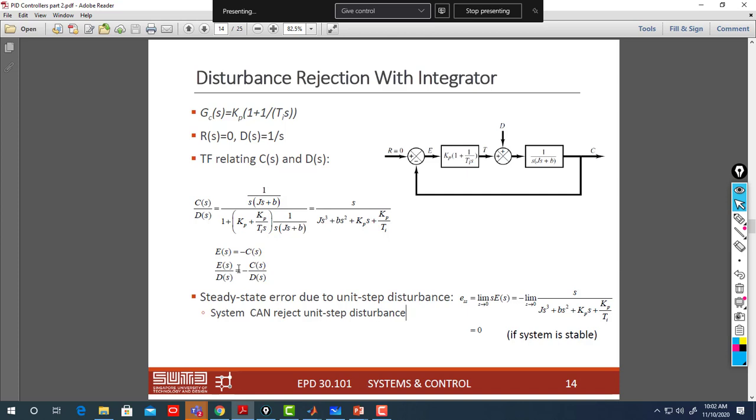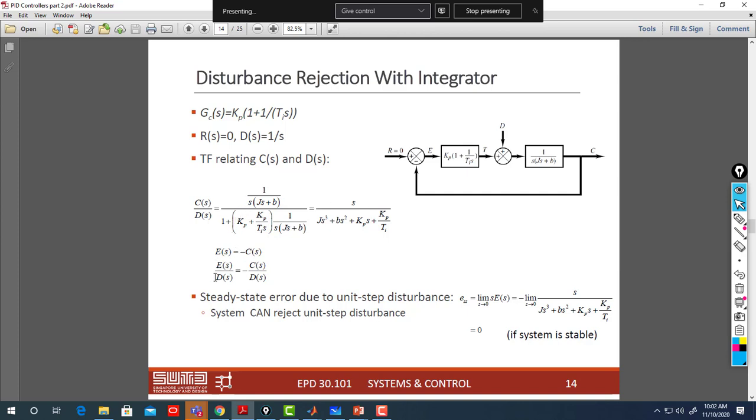Keep in mind here, I'm not finding E over R. I'm not studying E over R and talking about steady state error. Maybe it confuses you because you're computing the steady state error. That's right. At the end, we are computing the steady state error, but we are studying the effect on disturbance.